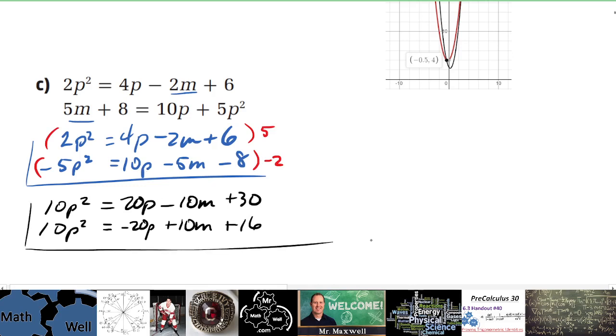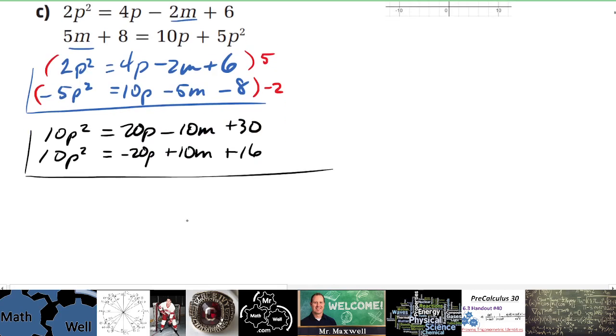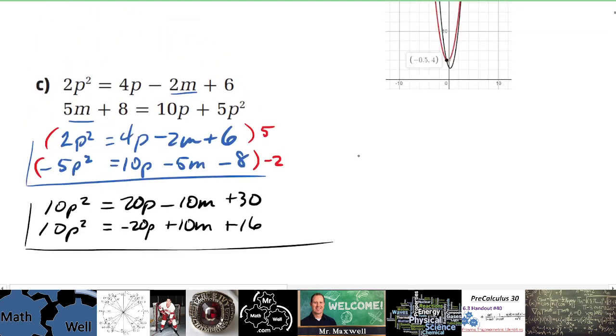So it looks like in this one, when you add them together, you're going to get rid of your P term and your M term here. So go ahead and finish that up, C, if you haven't done C yet. I'll give you a few minutes to finish that one up.